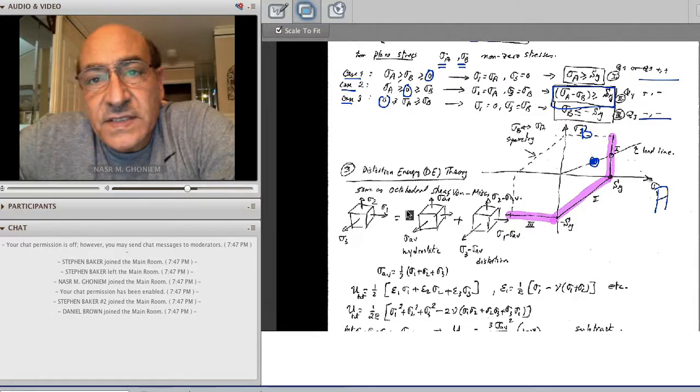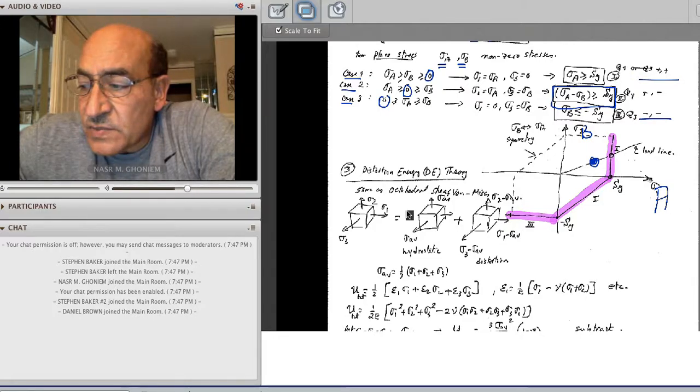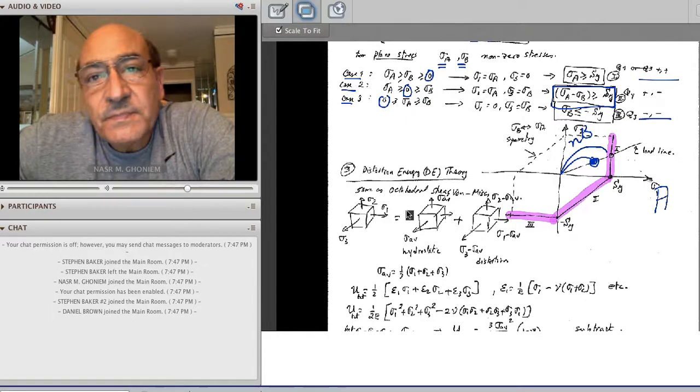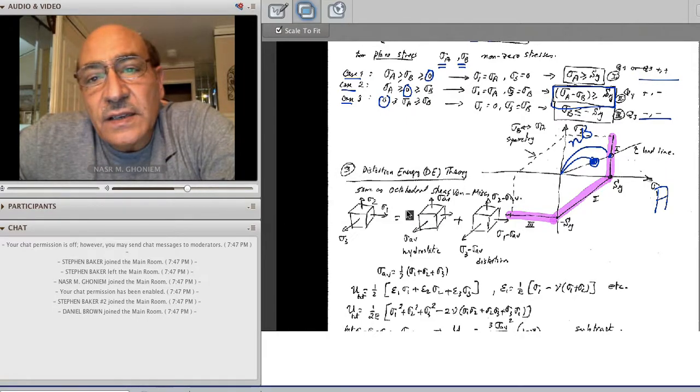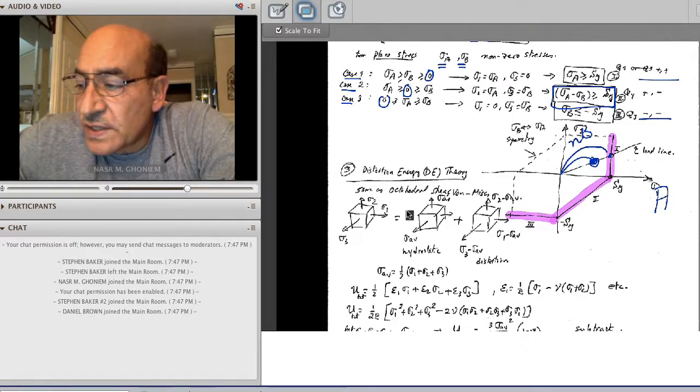If the load point is inside, it would have a factor of safety, as in problem 521. It would be the ratio of this length divided by this length. That would be the factor of safety. And if the point is exactly on the purple boundary, then the factor of safety is equal to 1.